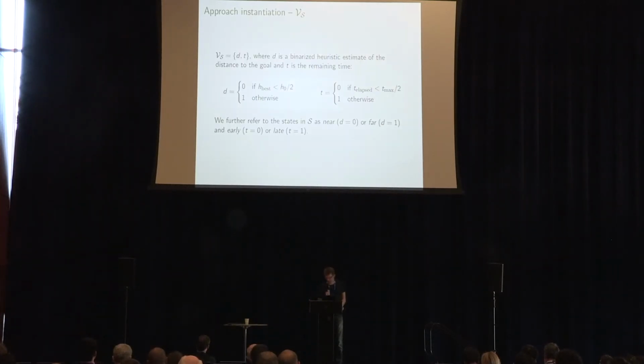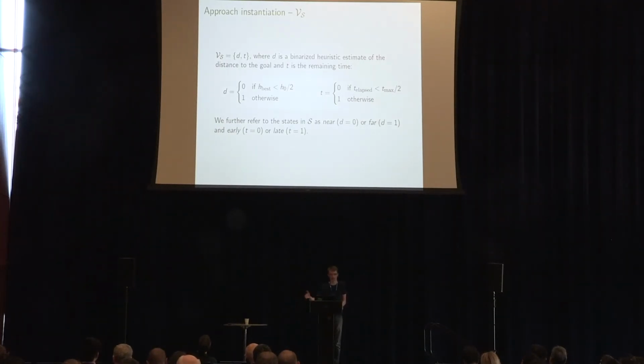So far, we've been keeping the state and action space very abstract. So now to ground it a little bit, we introduce a specific set of two state variables, two binary variables in this work, D and T. D is a binarized estimate of the distance to the goal as measured by the heuristic that we are using.